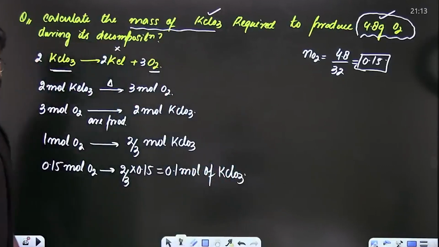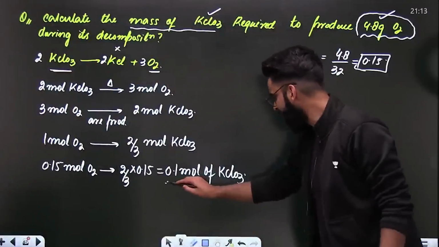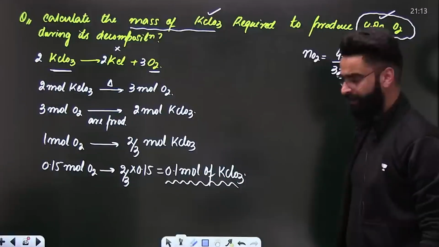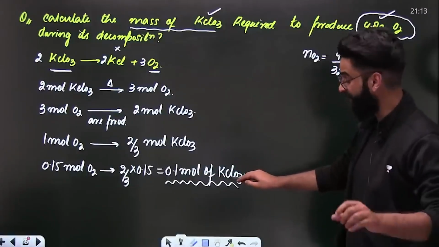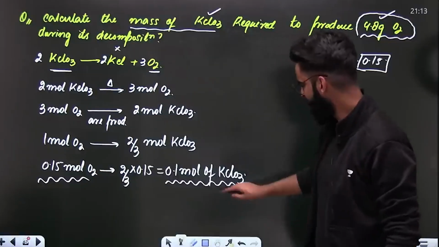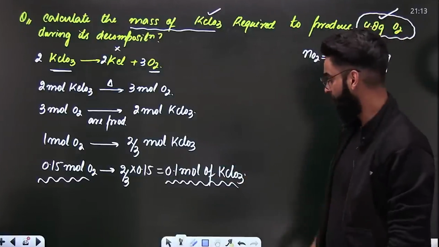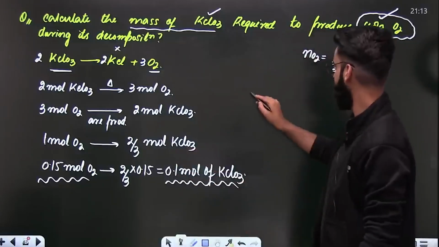Okay? So what did I calculate till now? I basically calculated the moles of KClO3. These are the moles of KClO3 which are enough to produce 0.15 moles of O2, that is, 4.8 grams of O2. But was I supposed to calculate moles of KClO3?